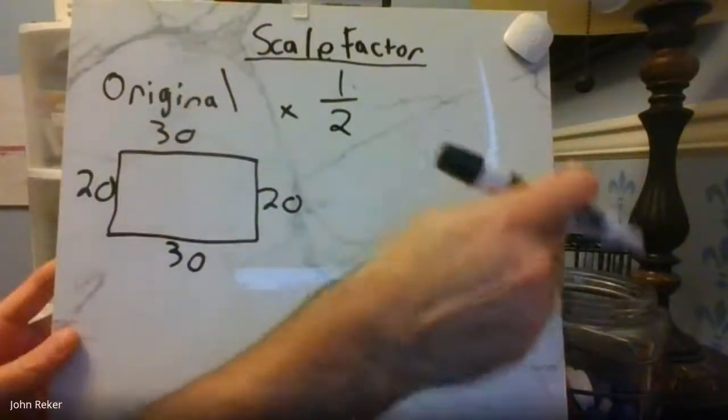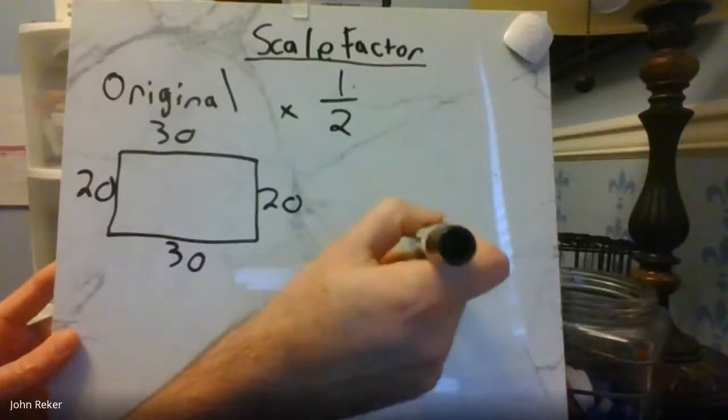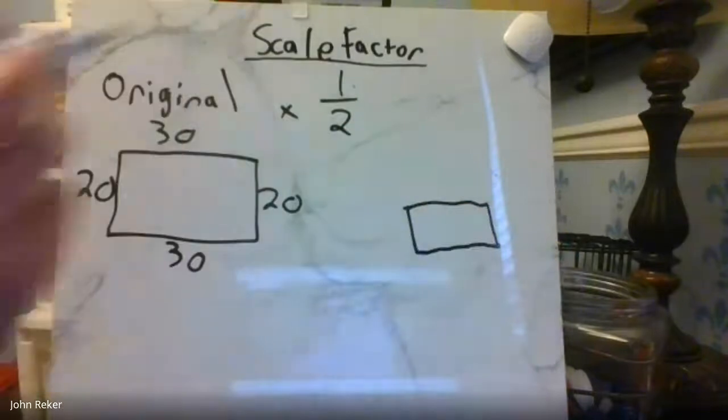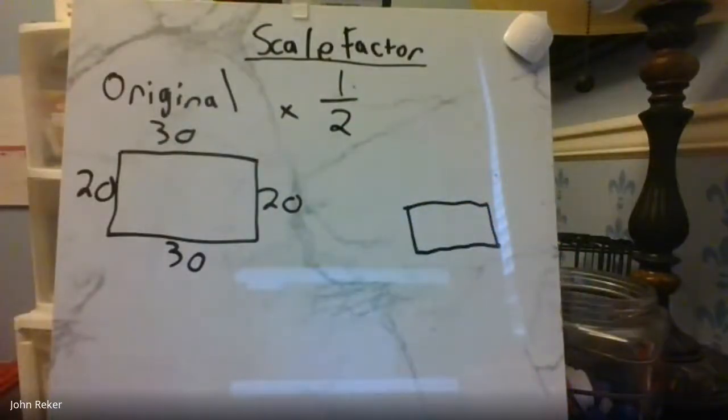My figure is going to be smaller, of course, because anytime I multiply by a scale factor that's less than 1, my figure becomes smaller. Think of this: if you have a pizza at home and somebody takes half your pizza, you have less than the whole pizza left.